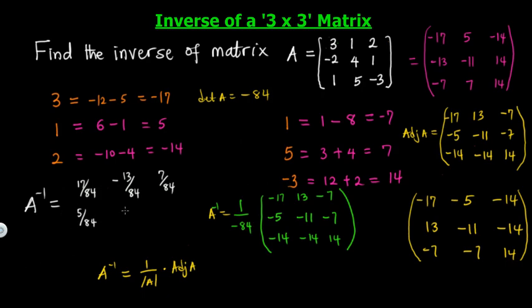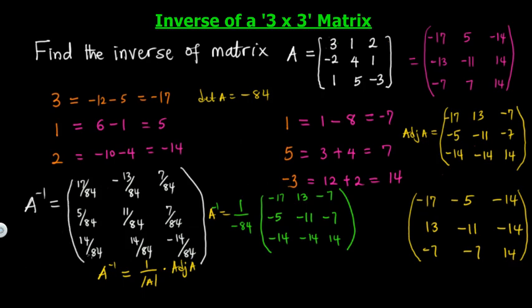Multiply this, 11 over 84, 7 over 84, and the last part, 14 over 84, 14 over 84, then minus 14 over 84. So this is the inverse of the matrix above here.